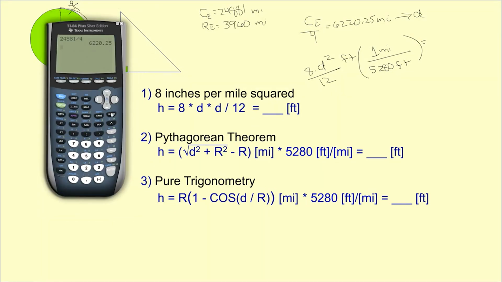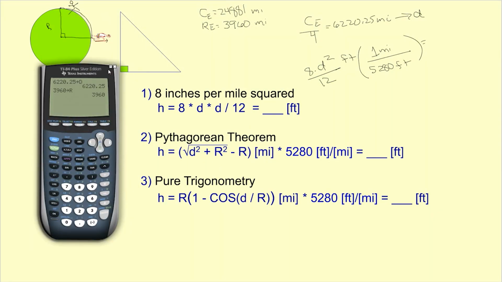Let's plug in these numbers. 6220.25. Let's plug that into the new distance. It's going to be d. I can't remember if I saved r, but let's just do it. 3960 into r. That's going to be down here.